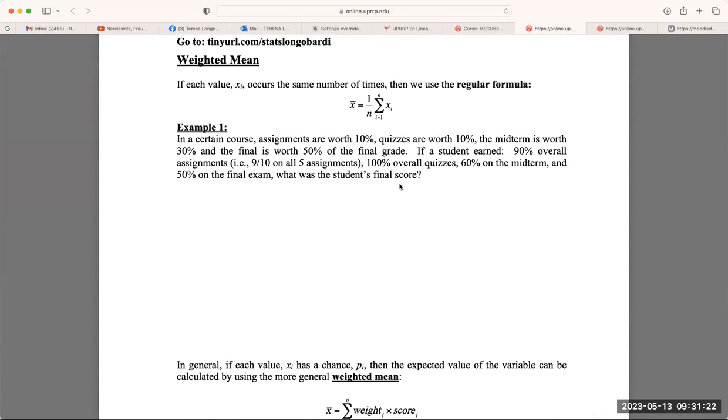So how many of you tried this exercise, example 1? Let's put credit where credit is due. How many people tried that problem? No one?